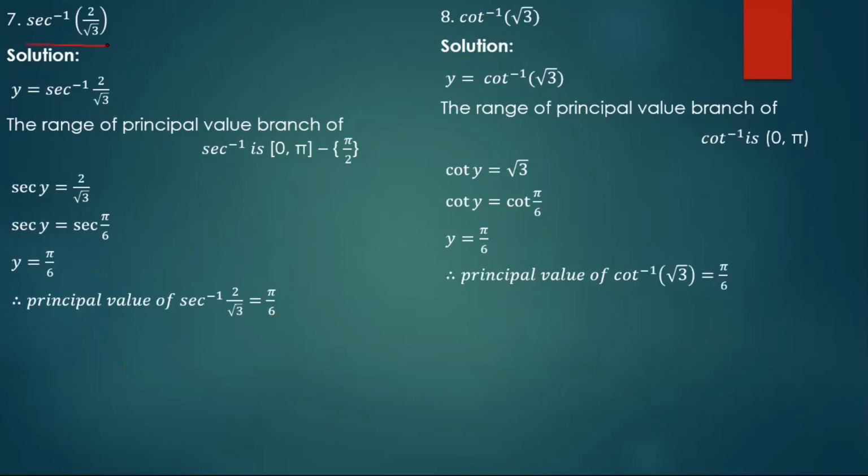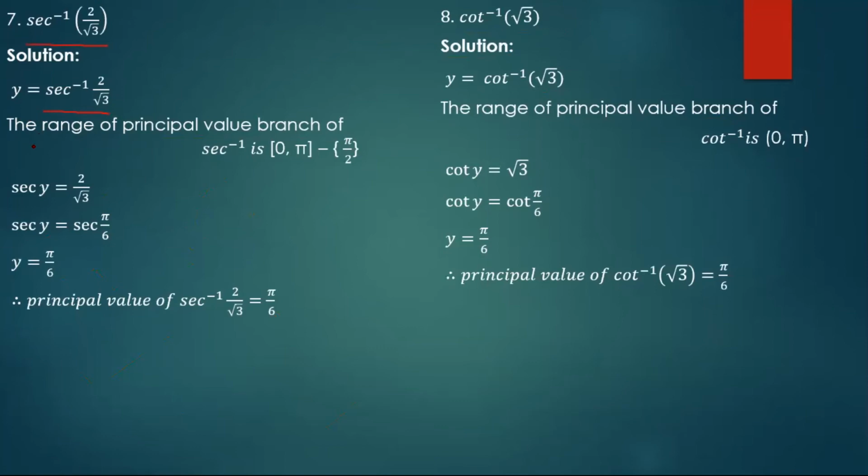Next, sec inverse 2 by root 3. Let y equal to sec inverse 2 by root 3. If you want, you can write the reciprocal of sec inverse, that is cos inverse, and make it the reciprocal of 2 by root 3, that is root 3 by 2. You can use that, or you can proceed with sec inverse 2 by root 3.